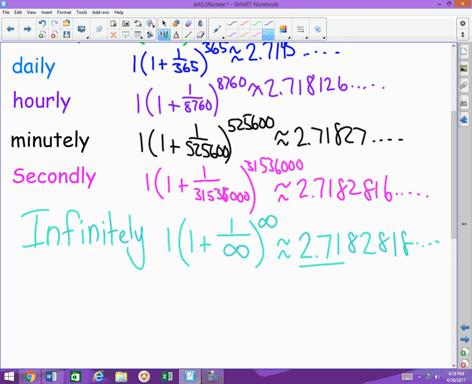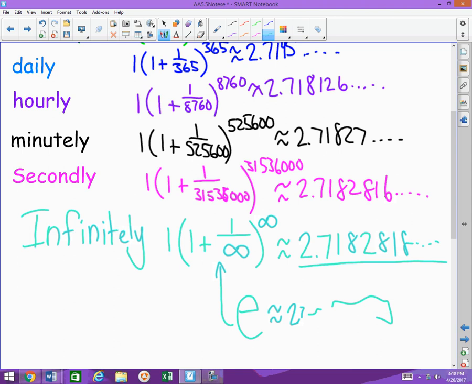This value is similar in that it keeps going forever and ever, and so they assigned it the letter E, which is equal to that expression, 1 plus 1 over infinity to the infinity, and that is approximately equal to 2.71828 and all of that stuff.